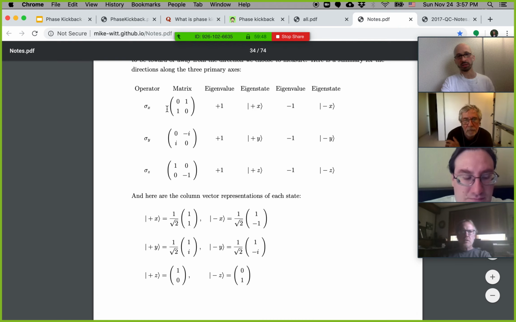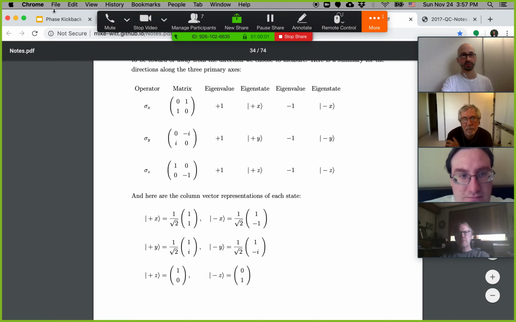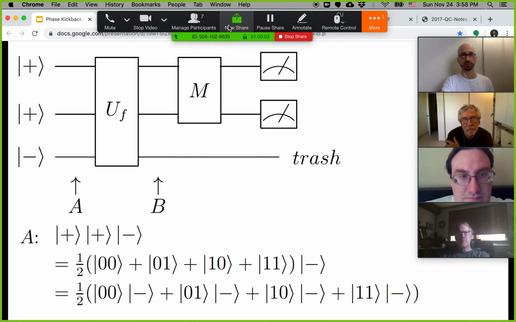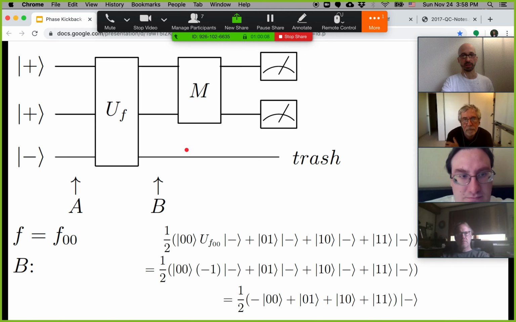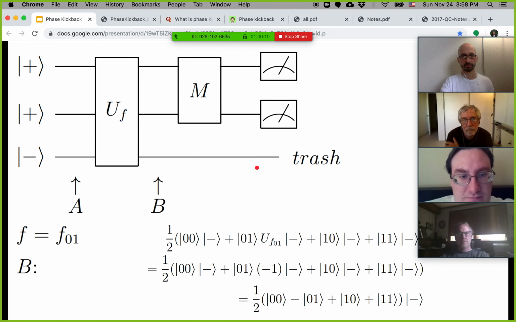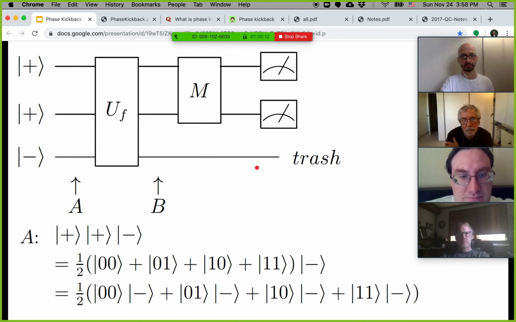Okay, so anyway, sigma x is the not operator, and eigenvectors are plus x and minus x. Okay. So we do have all the three conditions for phase kickback, and that's why it's going to work.